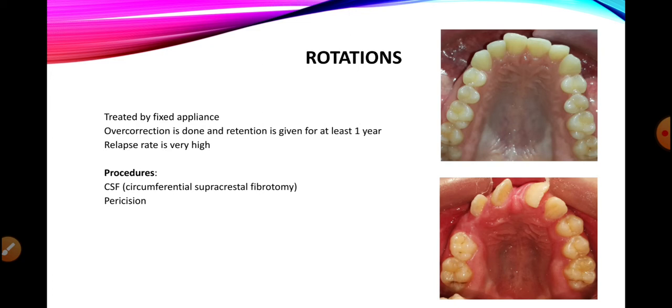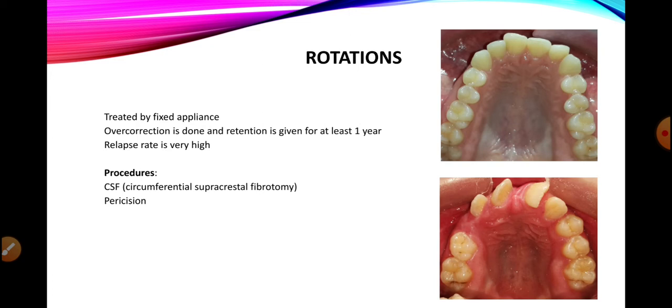So in the gingival pocket, all around the tooth that has been derotated or corrected, an incision is given. What it does is it cuts all the circular fibers and the tendency of relapse is decreased.